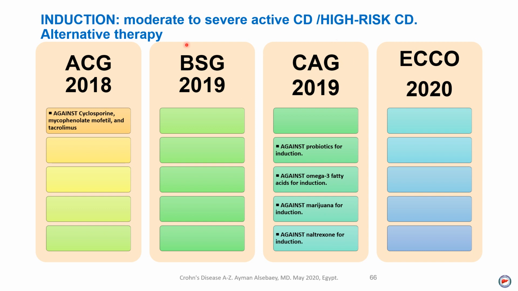The CAG put recommendations against probiotics, against omega-3, against marijuana for induction, against naltrexone for induction. This is a slide on the alternative therapy.